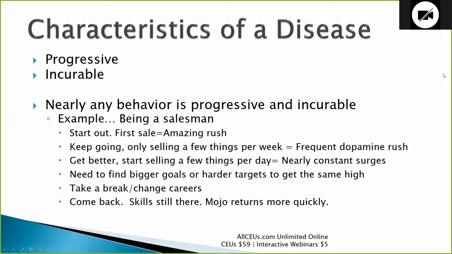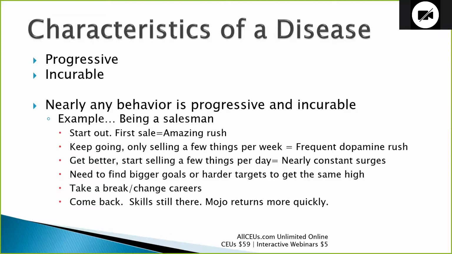Okay, when I was in graduate school and when I did my first practicum, I was taught the disease model, and the characteristics of a disease were that it was progressive, incurable, and fatal. And when I started doing research on the model of addiction and the disease model of addiction, that didn't really bear out, because not all diseases are always fatal.